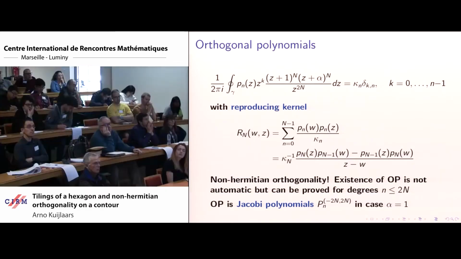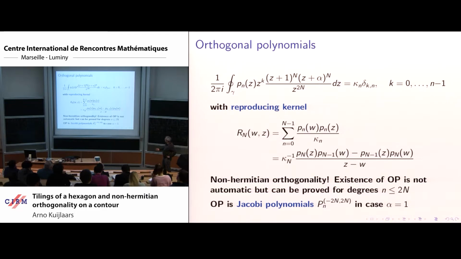They come out as Jacobi polynomials, except that there's an unusual feature here, that one of the parameters is large and very negative. So typically you have alpha and beta as parameters in your Jacobi polynomial, and they are bigger than minus 1. But here there is a large negative parameter. So that's an unusual thing. But still it simplifies in the case alpha is 1, for the uniform model.